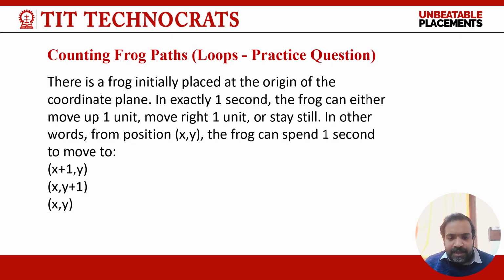In exactly 1 second, the frog can move right, move up, and stay still also. Mathematically, if the frog's position is x, y initially, then after 1 second it can be x plus 1, y; or x, y plus 1; or x, y.